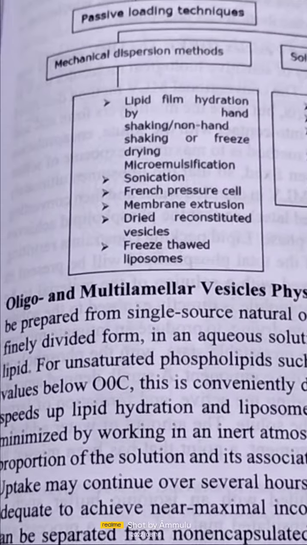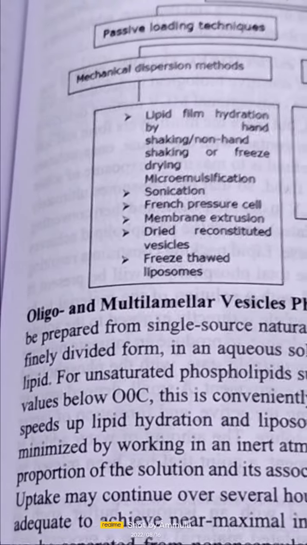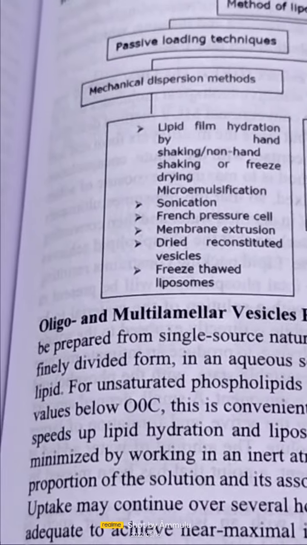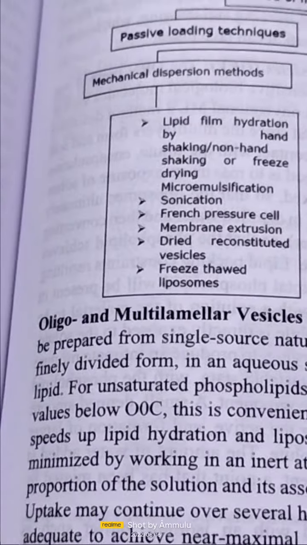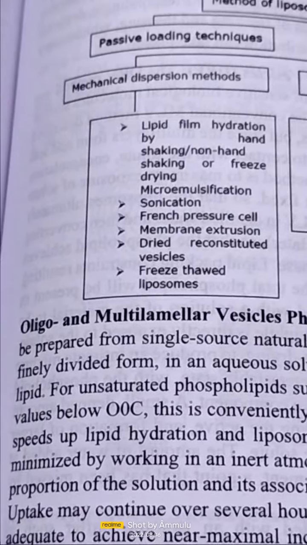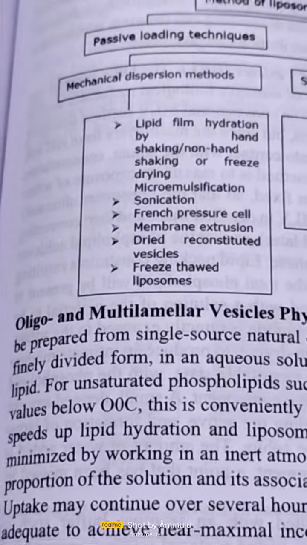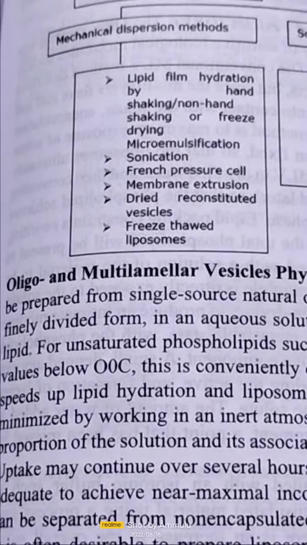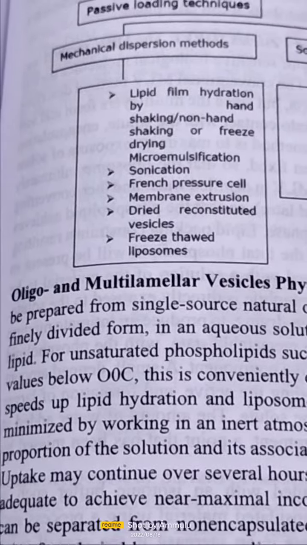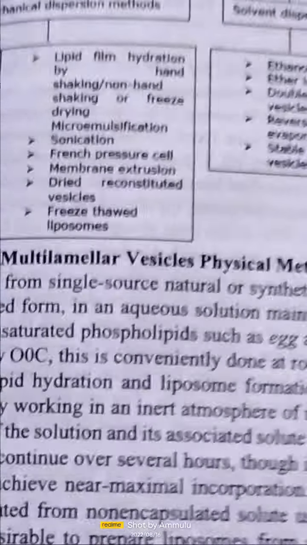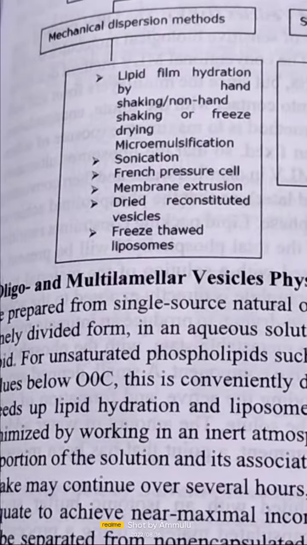In mechanical dispersion methods, the lipid film hydration will occur by hand shaking or freeze drying. This is one type of method, and when we shake that liquid, the lipid film hydration will be formed by hand shaking or freeze drying, or when we perform the micro emulsification method, the lipids will be formed.